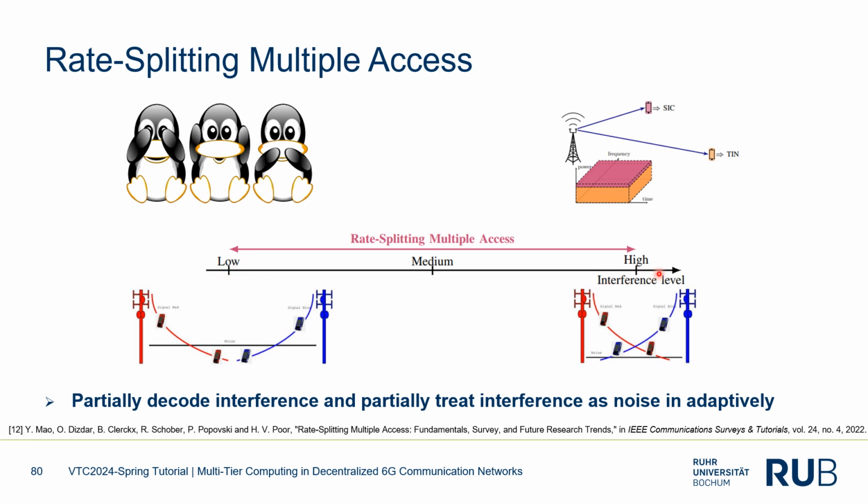But toward the right-hand side, when the interference is very high, the best strategy would actually be to apply a non-orthogonal multiple access scheme to fully decode interference. Now, what rate splitting multiple access does is it partially decodes interference and partially treats interference as noise adaptively, and thereby we can bridge the two extremes and reach all of those achievable points here.